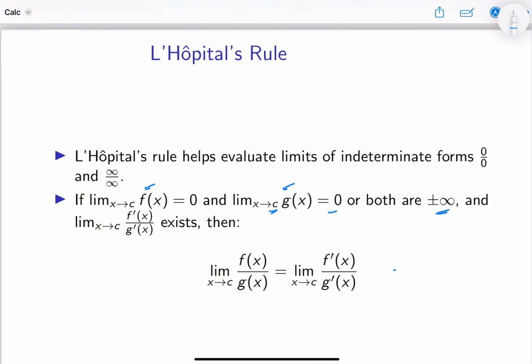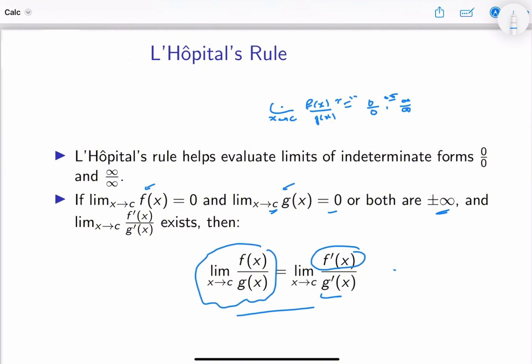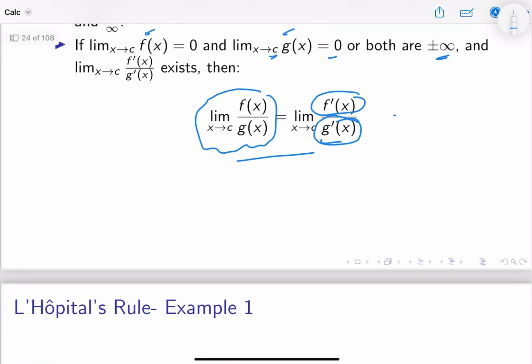In other words, if you find the limit of f of x over g of x as x goes to some c, and it has the form 0 over 0 or infinity over infinity, then you have this property. You can find the limit of the rational function by finding the limit of the derivative of f over the derivative of g. So let us solve some examples real quick and see why this is important.